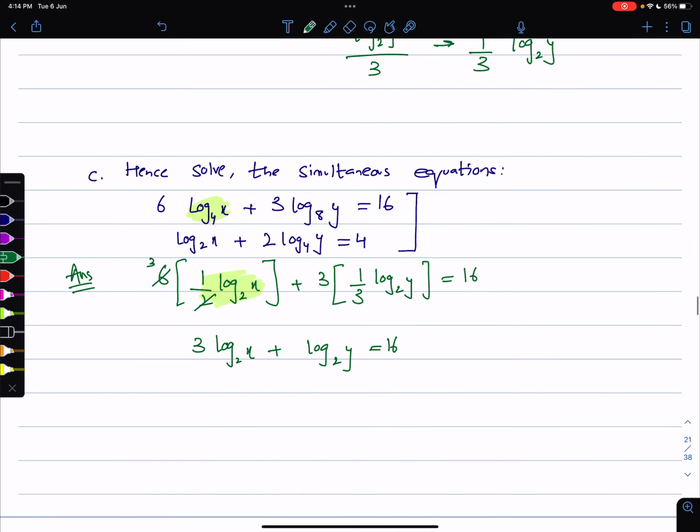And the second equation is log to the base 2 of x plus now 2 log 4 of y. 2 log 4 of y needs to be further simplified.